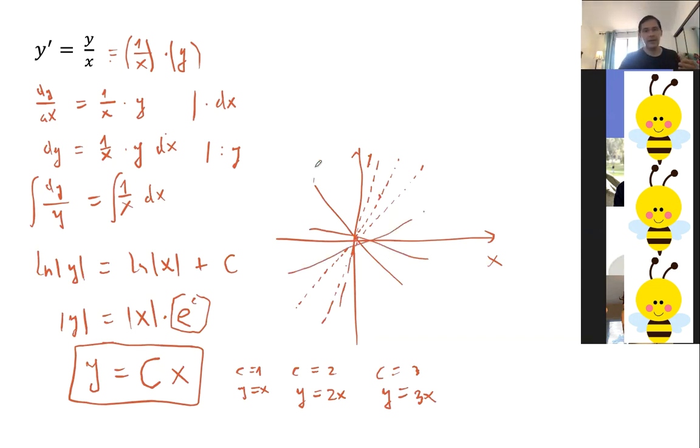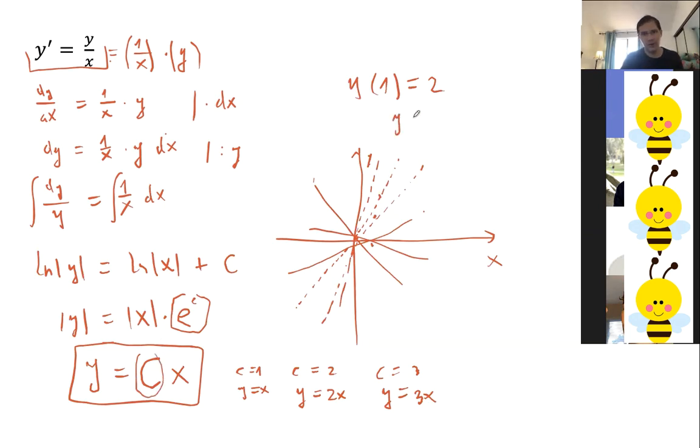And let's say the differential equation was this, and the problem says find the function y such that y of 1 is equal to 2. So at 1 it is equal to 2, so what's going to be the constant c? The constant c is going to be 2.